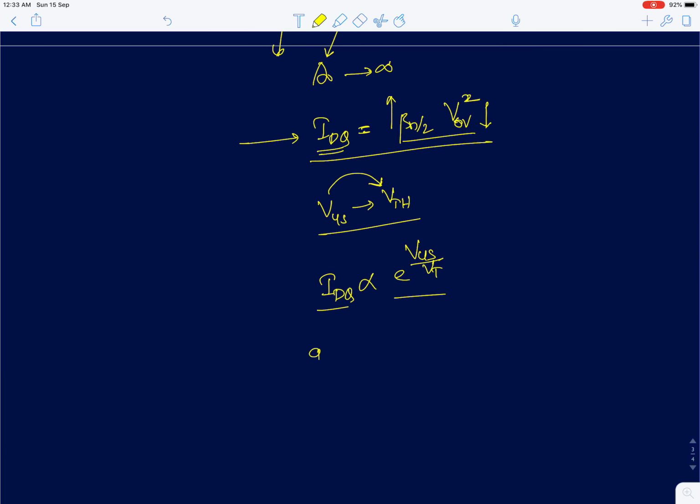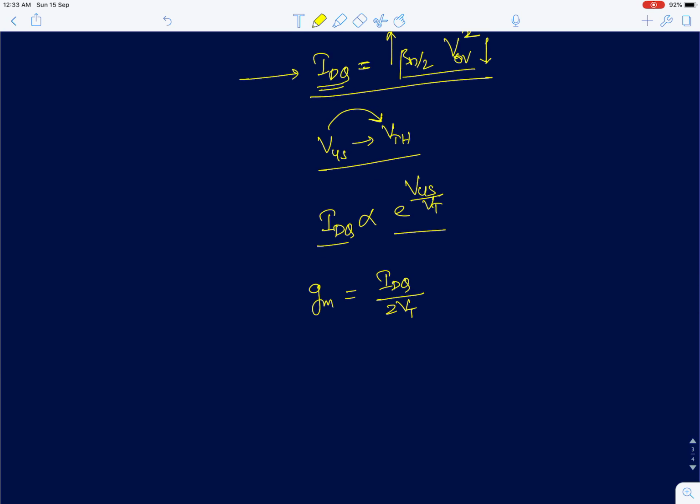I'll give an empirical expression. For any exponential device, gm is proportional to the quiescent current, so the empirical result is gm equals I drain upon 2 VT. This is an empirical result that we use for analyzing circuits. Sometimes we actually run simulations on different technology nodes to find the maximum gm.